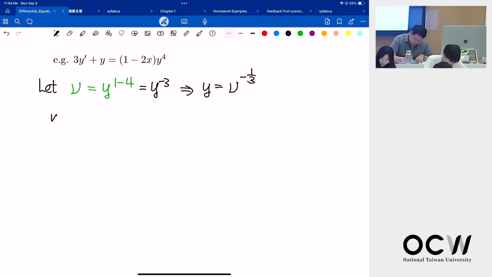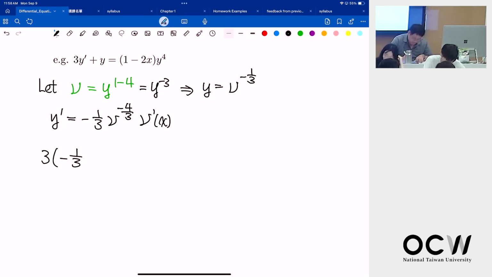That means the y prime is minus 1/3 nu to the minus 4/3 times nu prime. Okay, and then you can bring it back to your original equation. So 3 times y prime, and y prime becomes minus 1/3 nu to the minus 4/3 nu prime plus nu to the minus 1/3.